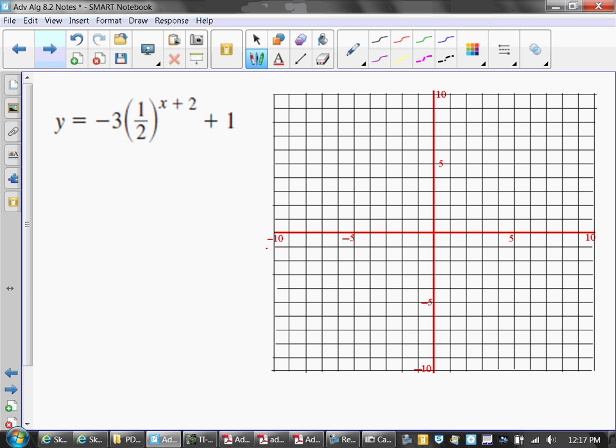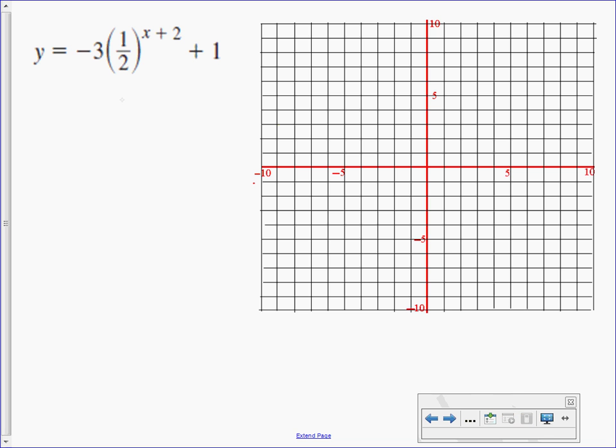So we look at this. Y equals -3 times 1/2 to the x plus 2, all plus 1. So the only thing that changes is that B is fractional, a fractional amount between 0 and 1. That's the only thing that's changed here, guys.